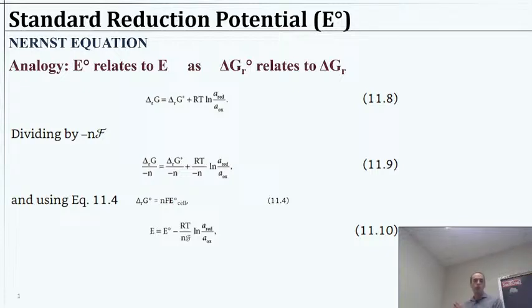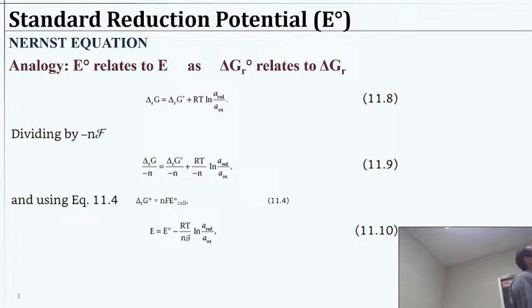All right. So last time we talked about redox, we talked about the Nernst equation, relating the delta G to our standard reduction potential. So the E standard here, we refer to it as a standard reduction potential, and that's the convention.